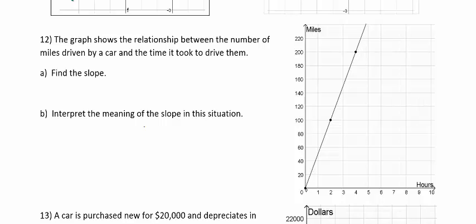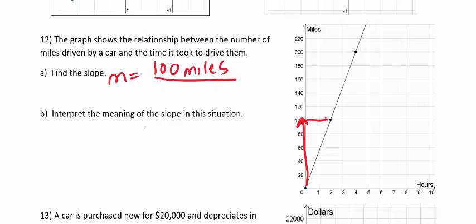So I'm going to start with this point here to the left, the 0, 0, and to go to the second point I had to go up 100, and because my units on my vertical axis are miles, I went up 100 miles over my run, which means I'm going to go here to the right to get to the other point, 2, and then the horizontal axis is hours, so 2 hours. So this simplifies to be 50 miles per hour.